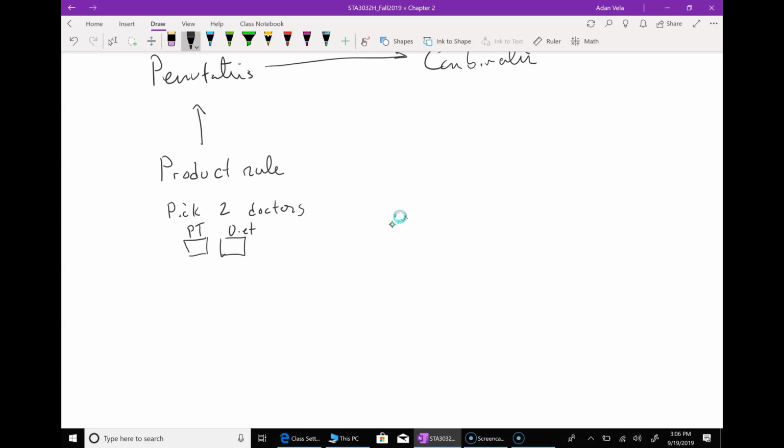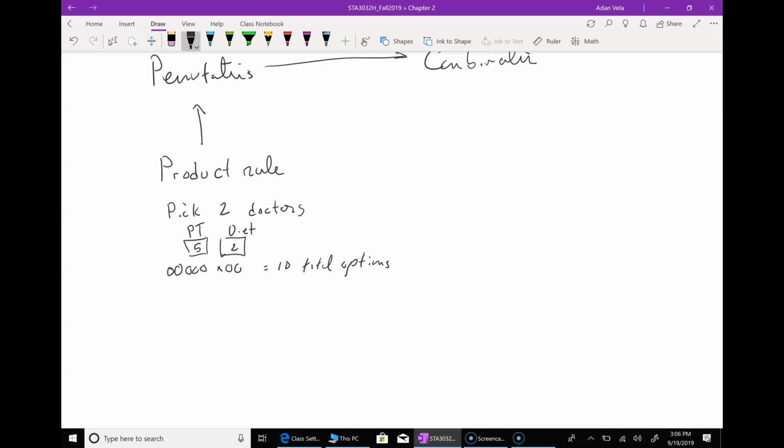And maybe there are 5 possible options to pick from for the PT and 2 possible options to pick from for the dietitian. And so the total number of options is just 5 times 2. So you have 10 total options. Okay. So this was the product rule that we had before.